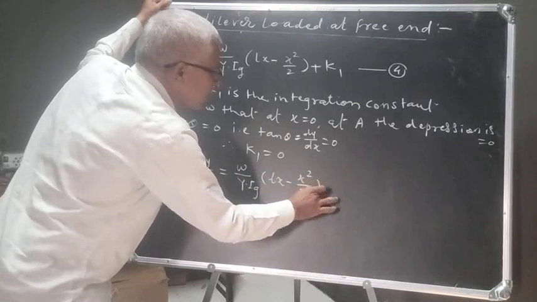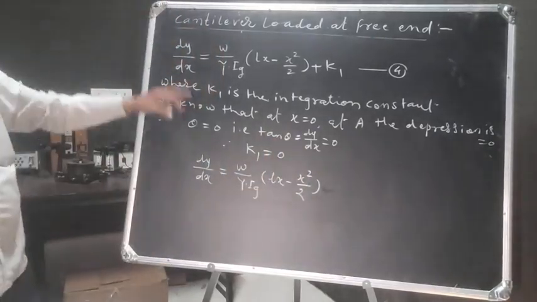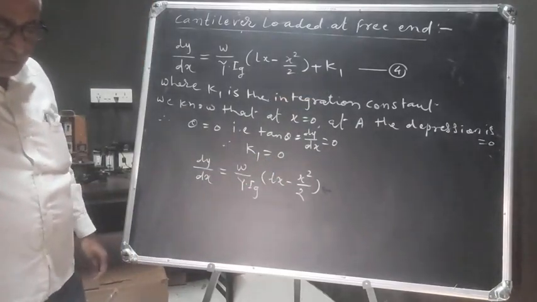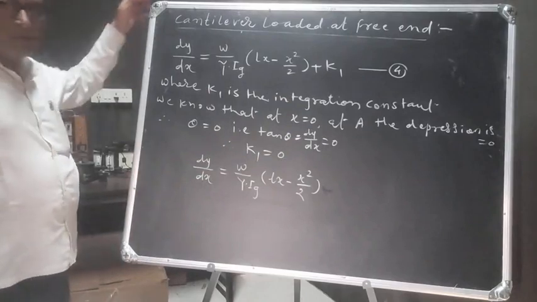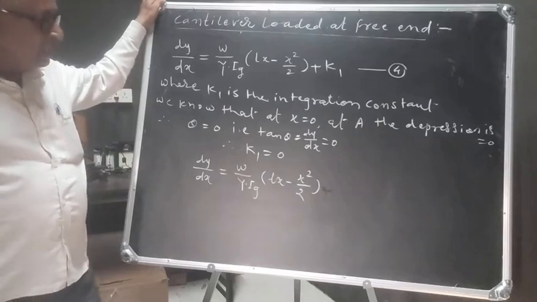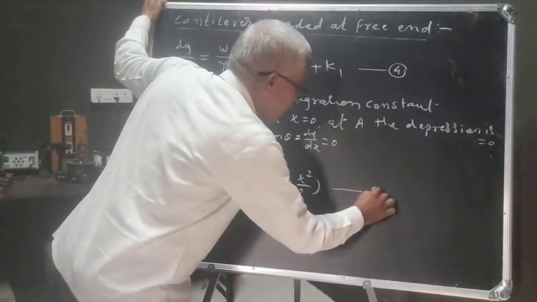Here the value of k1 is 0. Now to find the value of y, we have to integrate this equation once again.